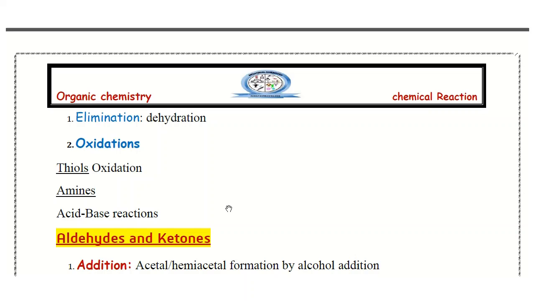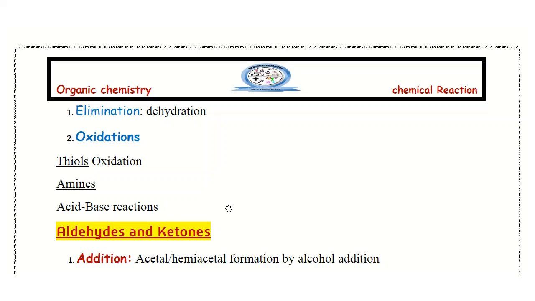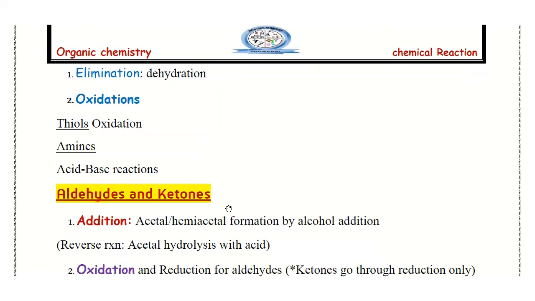Amines, primary or secondary, can undergo acid-base reactions and oxidation reduction reactions. Aldehydes and ketones. Aldehydes, for example, can undergo addition reactions, due to which acetals and hemiacetals can be formed by the addition of an alcohol molecule.